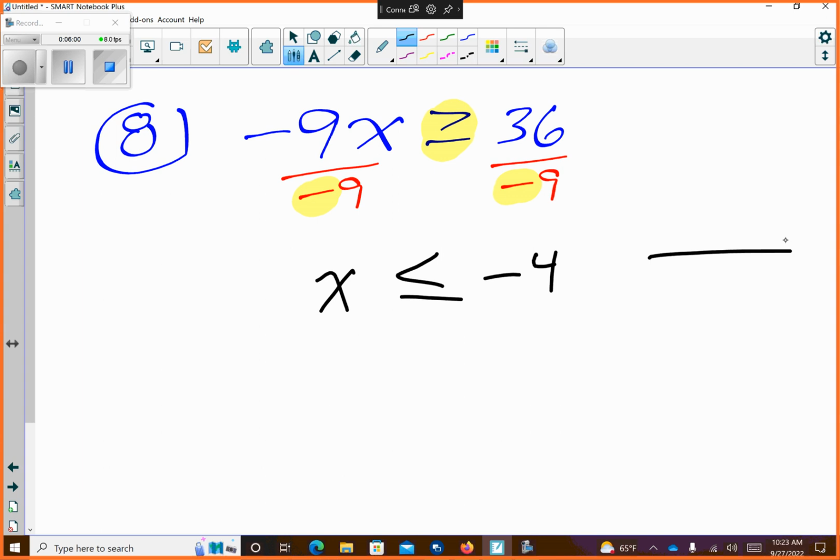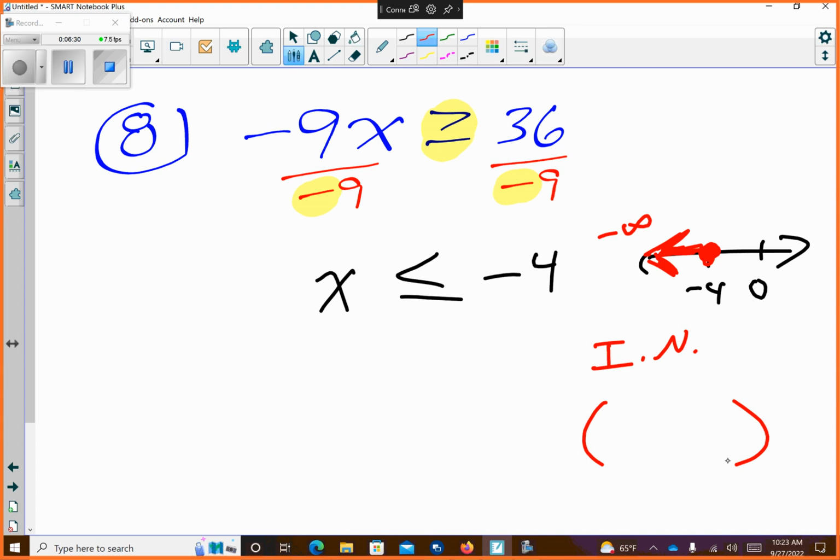All right, again, it doesn't ask for a number line, but again, that makes it easier for me if I look at a number line to write the interval notation. Open or close dot at the -4? Closed. Am I shading left or right? Left. Where is this arrow pointing? To negative infinity. Now, to write my interval notation, it's based right off my number line. Okay?